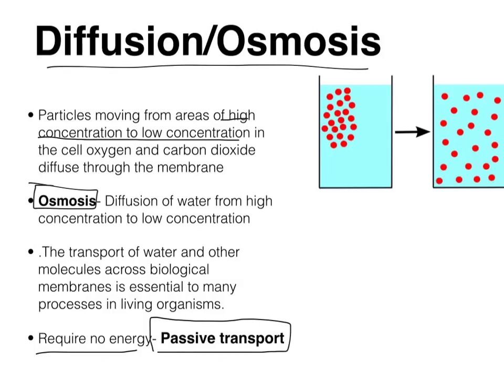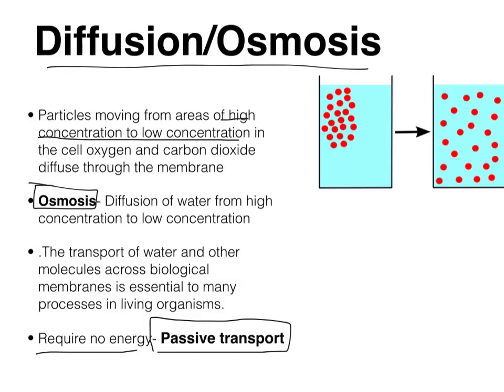And thank goodness, because we need so much of that that it would not make any sense if we had to expend energy to bring in oxygen to make energy. I think you can sort of see how that wouldn't really make sense for life. We need oxygen to break down glucose for energy. So to need energy to get the oxygen doesn't really make sense.